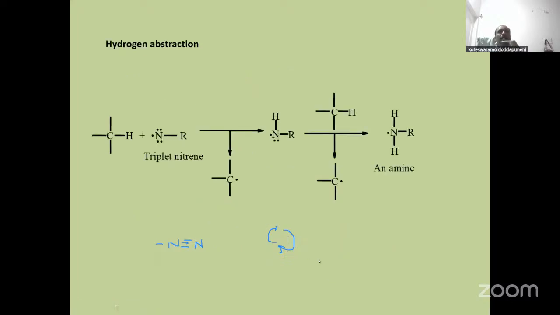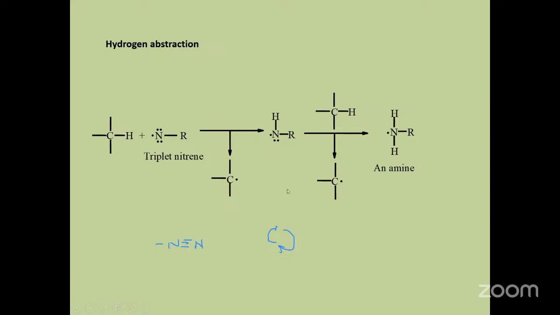Next, hydrogen abstraction reactions. Here, triplet nitrene reacts with the alkanes. It undergoes CH bond dissociation. This hydrogen is abstracted by this triplet nitrene that leads to the formation of an NH derivative.